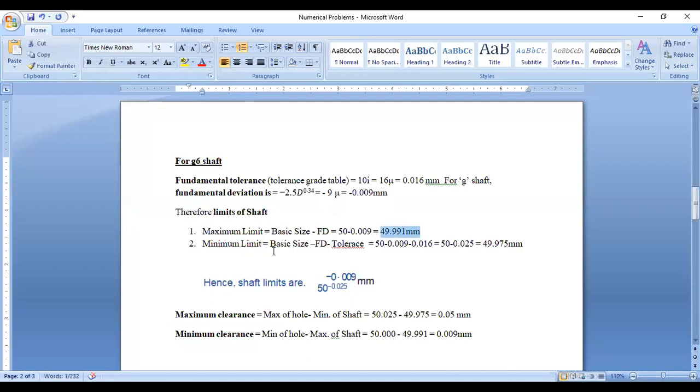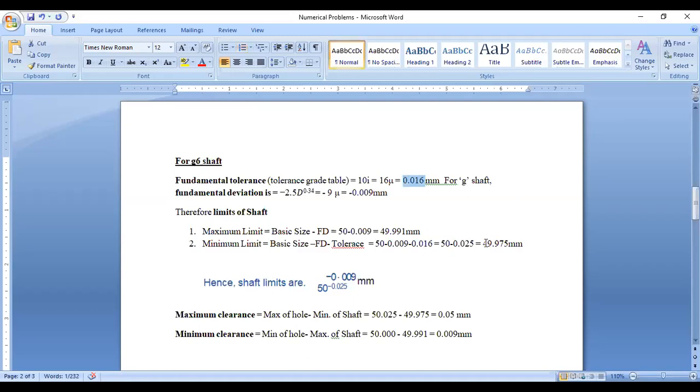The minimum limit is basic size minus fundamental deviation minus tolerance. That is 50 minus, again for the fundamental deviation you only substitute the value because I have taken the negative sign already, 0.009, minus the tolerance. What tolerance do you have to substitute? This value, 0.016.